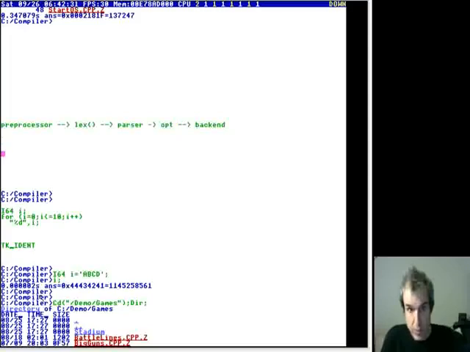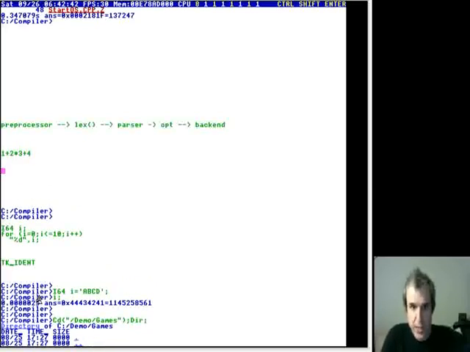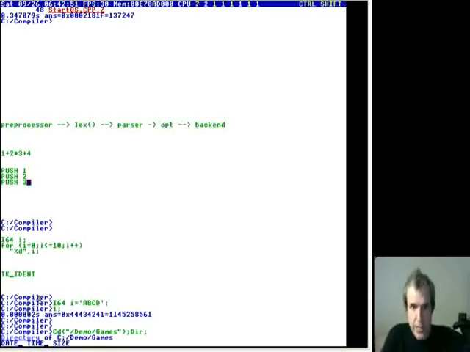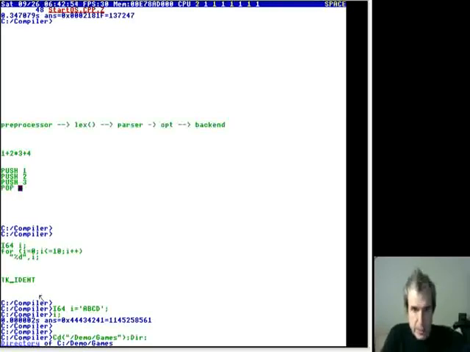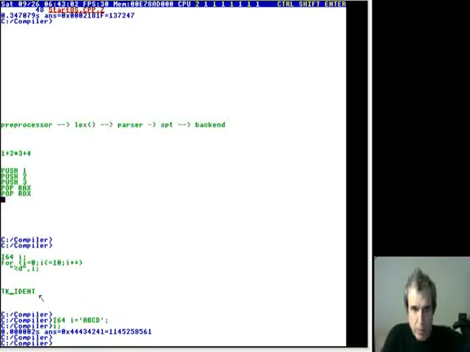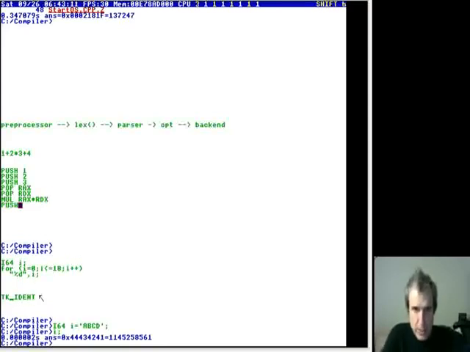One of the main things is my parser generates stack machine code. So if you give an expression like this, what it says is push 1, push 2, push 3, pop RAX, pop RDX, multiply RAX times RDX, push RAX.